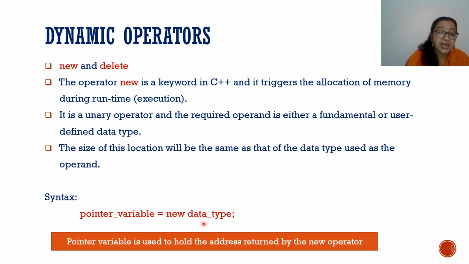So that memory address will be pointed to by the pointer variable. That is the content of the pointer variable now. Clear? So a pointer variable will hold the address returned by the new operator. Clear?